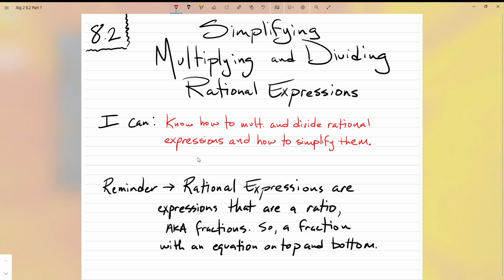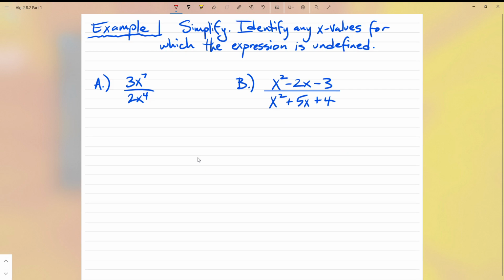That's what we're doing in this section. And we're going to start off with simplifying. Simplifying is something we definitely have done before, so I wasn't going to take too long to go over it, but it's important enough that we got to make sure you remember how to do it before we get to the multiplying and dividing.